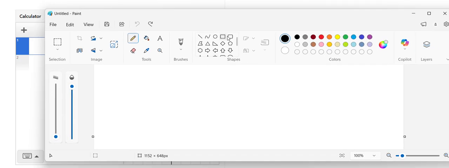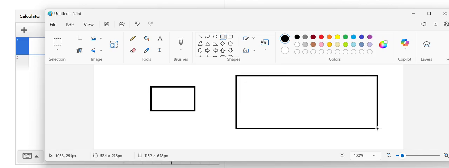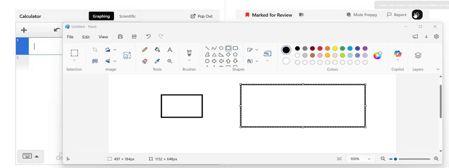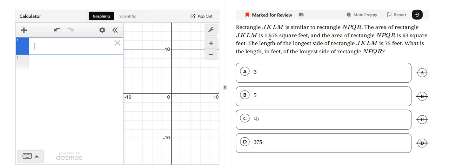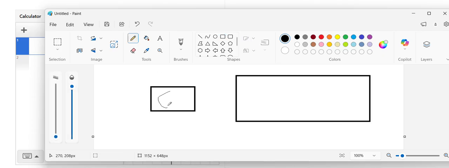Oh, that's the wrong shape. My fault. For the rectangle with the bigger area, I'm going to say that this one right here is 1575. Then this one is 63.